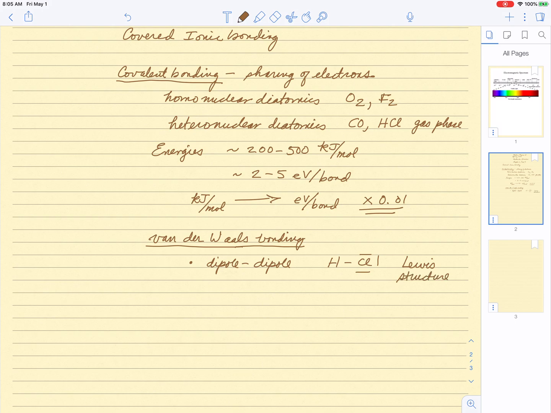And again, for those of you who remember some chemistry, then you might remember that it's to get an octet, or 8 electrons around each atom, hydrogen being one of the exceptions. But the bottom line is that chlorine, by virtue of it liking electrons, that is, it has a high electronegativity.